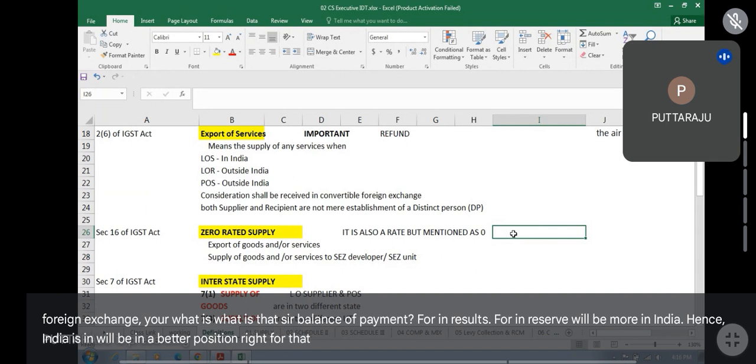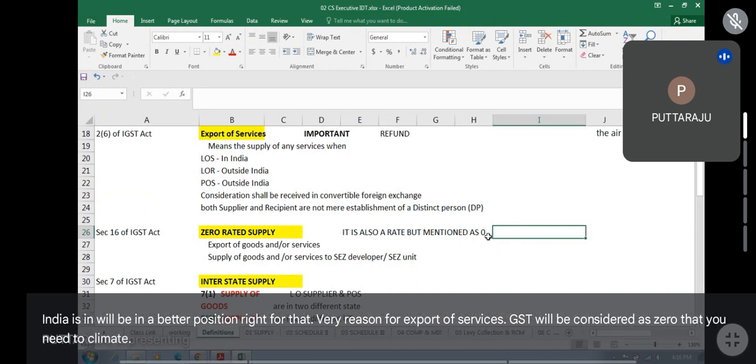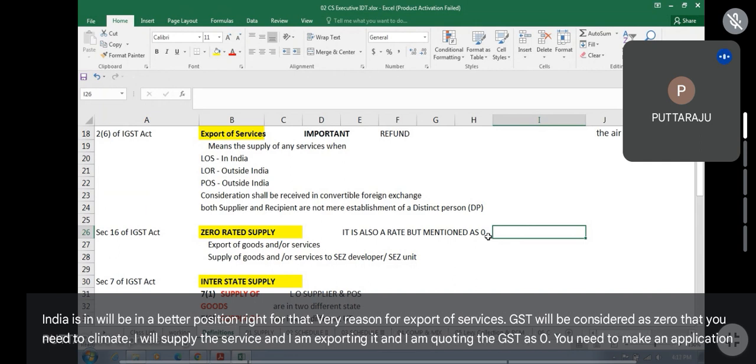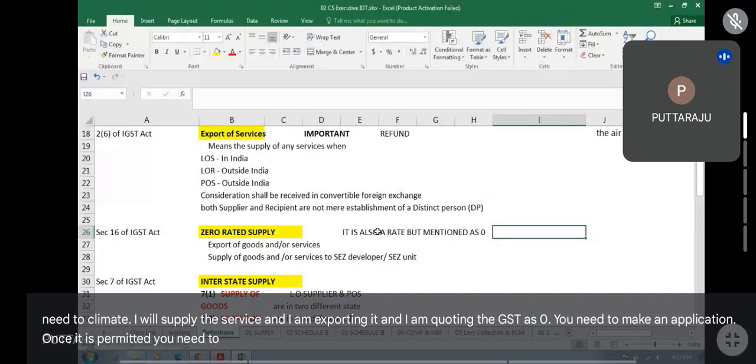For that very reason, for export of services, GST will be considered as zero. That you need to claim. I will supply the service, I am exporting it and I am quoting the GST as zero. You need to make an application. Once it is permitted, you need to export.